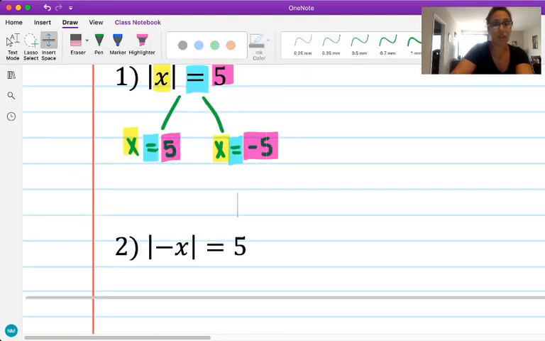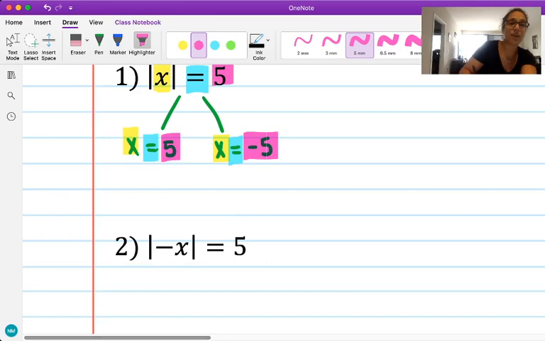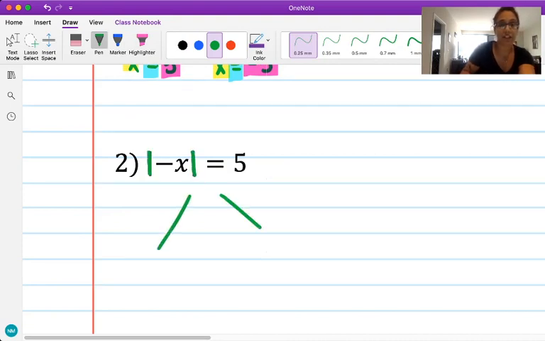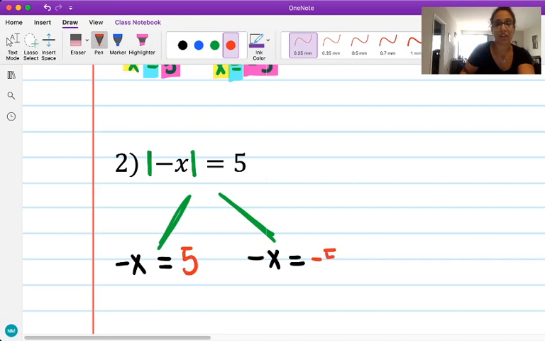With this one, once the absolute value is by itself, I can split. Just think about taking those absolute value bars and splitting them up, okay? You're taking what's inside of the absolute value, which is -x, and setting it equal to the positive and the negative of this, so 5 and -5.